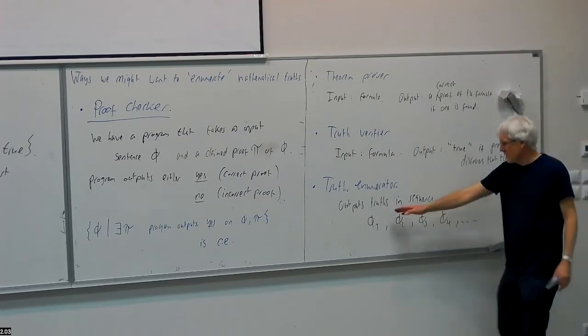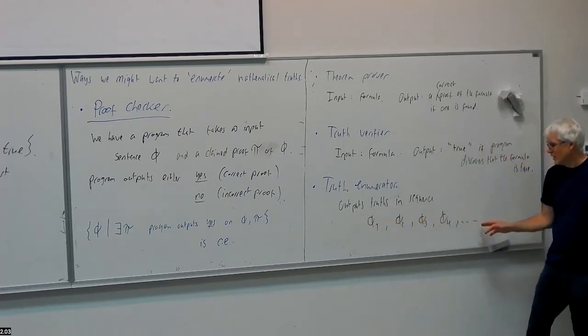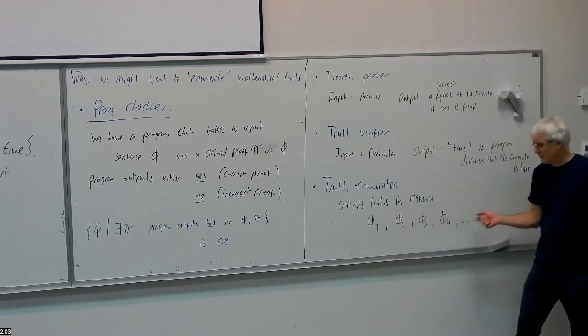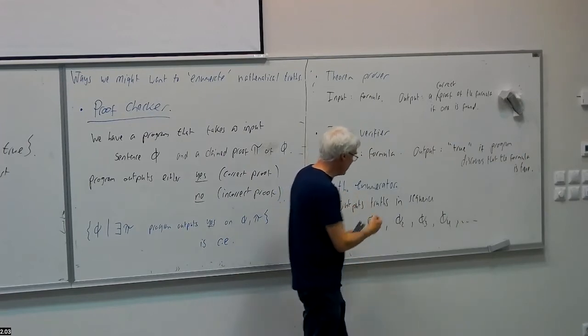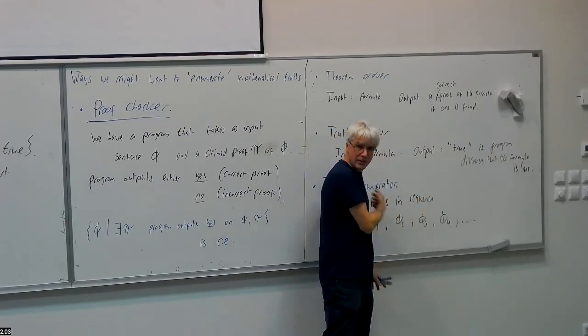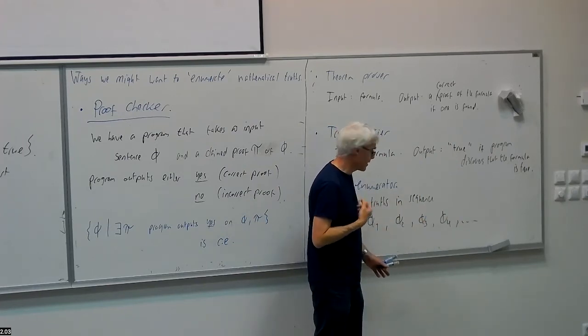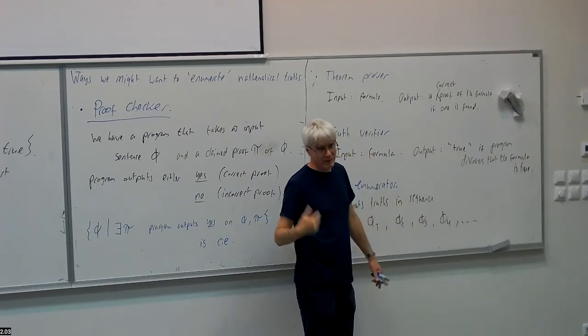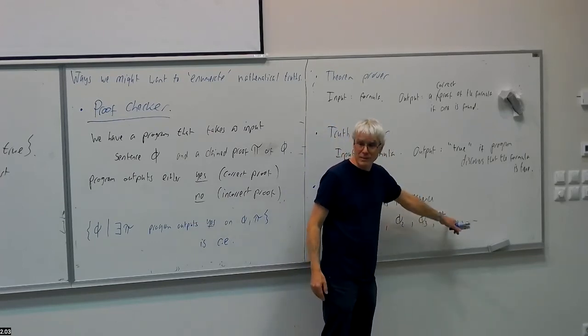We can view this as the range of a total computable function. For a given n, find the nth formula that's output in sequence. So again, as of a couple of lectures ago, the images of total computable functions are computably enumerable sets.